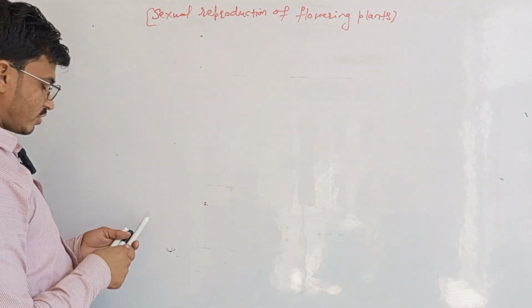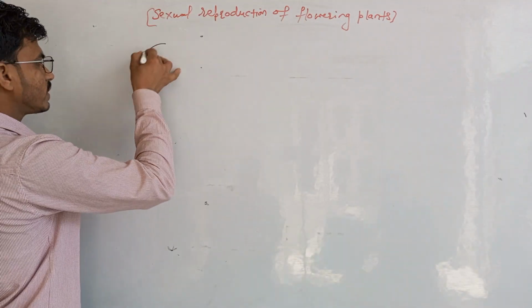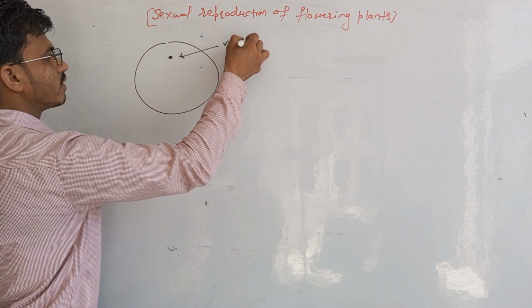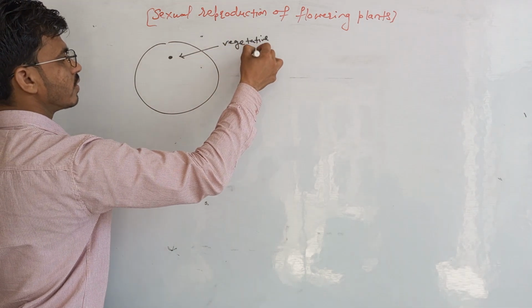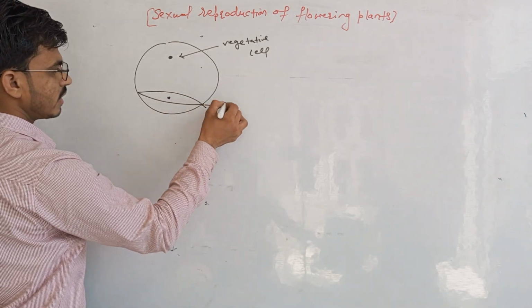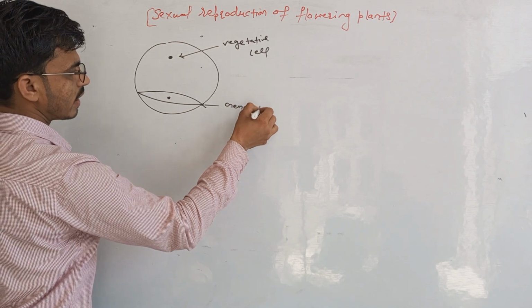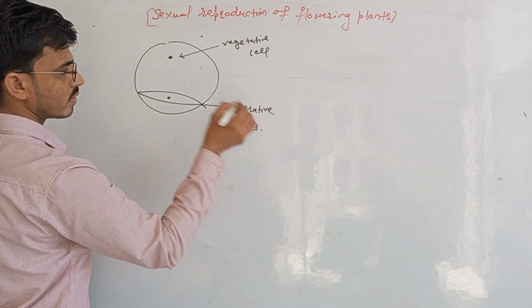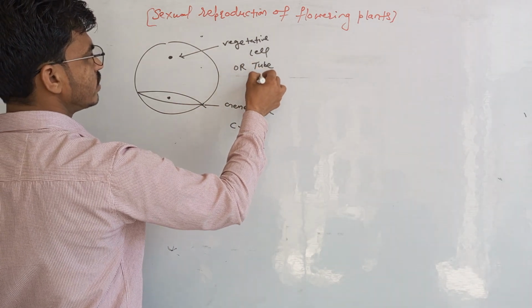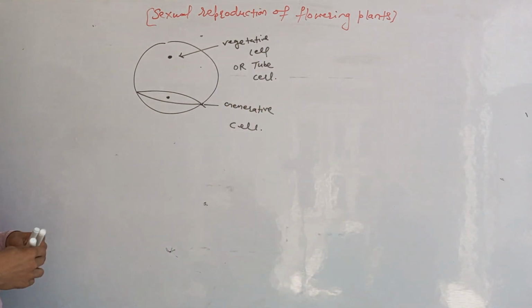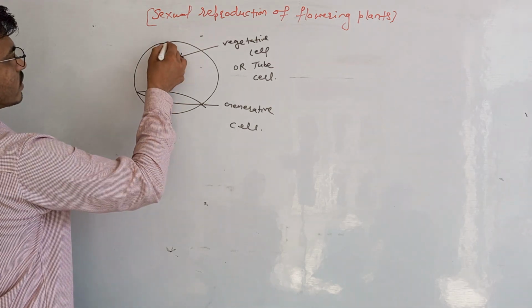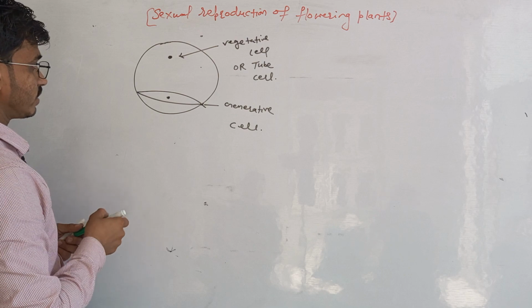After the formation of mature pollen, there are two cell stages: one is the vegetative cell, also known as the tube cell, and another, which is a smaller cell, is the generative cell. The pollen is surrounded by two layers.